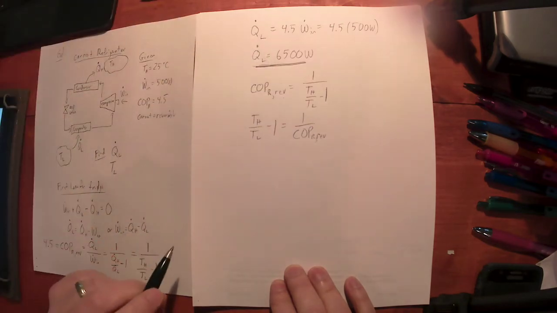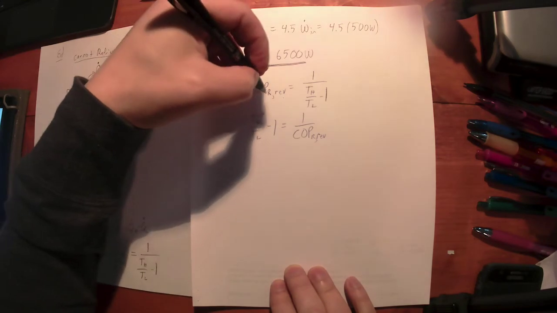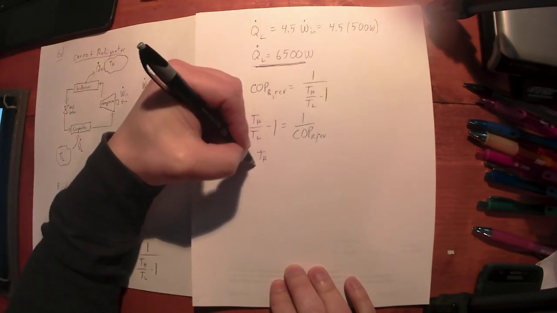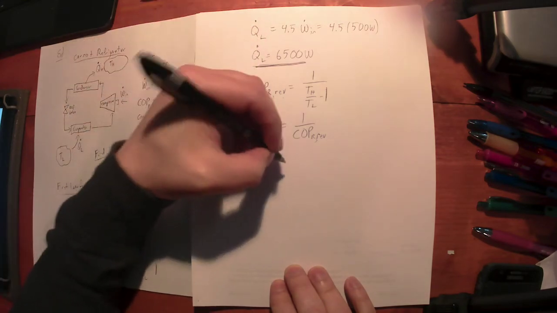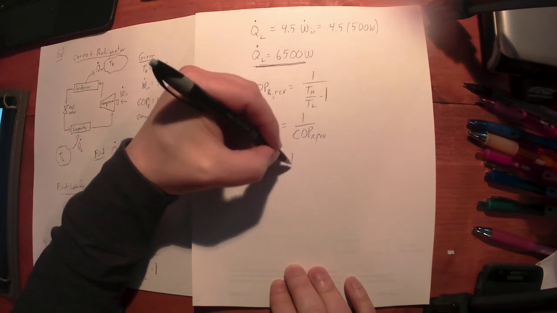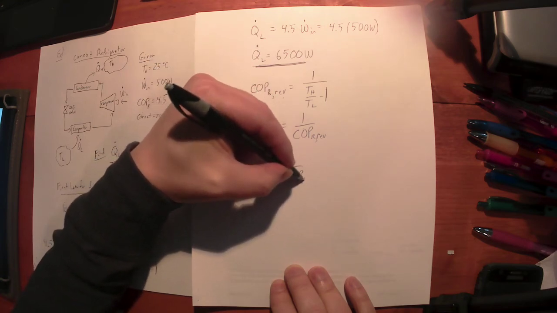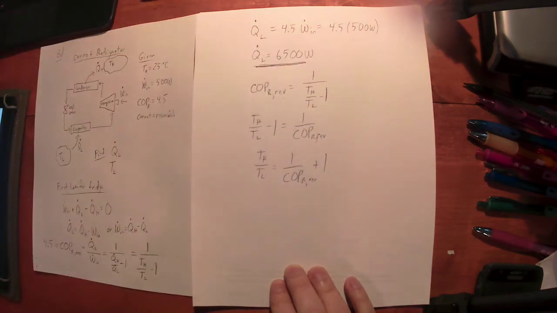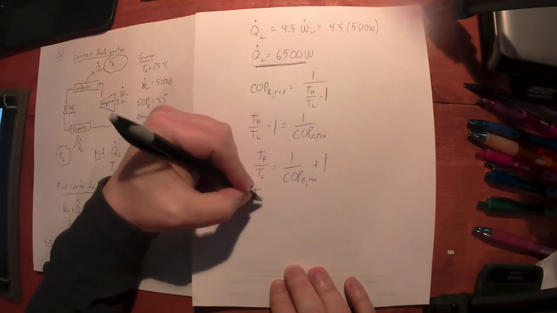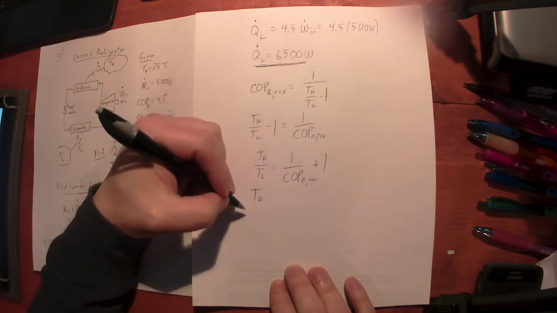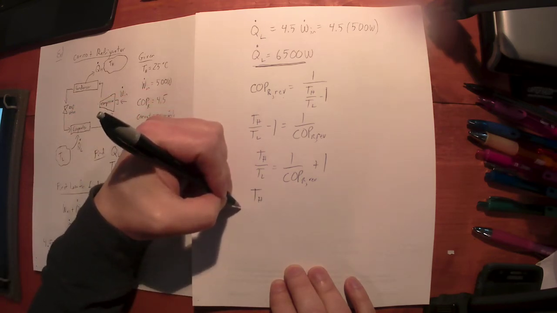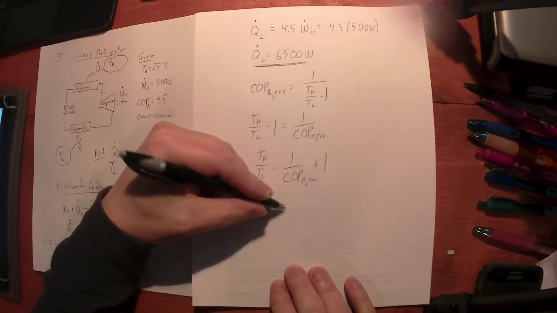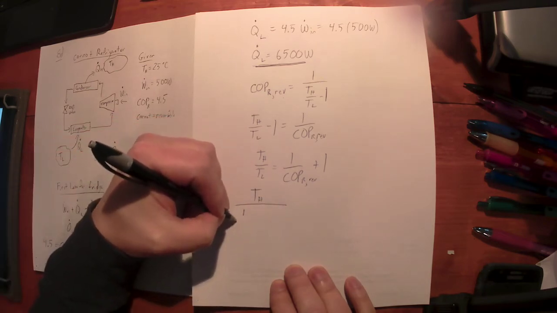Okay with that? All right. I think that's right. Let's see here. I want TL, so I'm going to take TH. I'm sure there's a simpler way to do this, and I don't care. I'm going to do it the hard way.